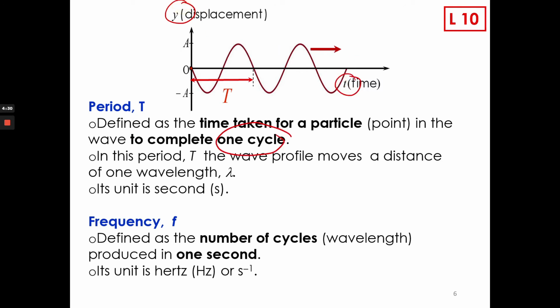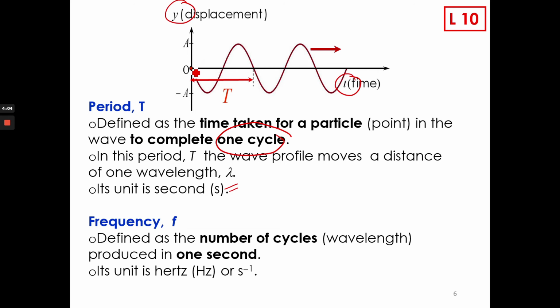So, okay, now for a graph of y against time, you can determine its period from this graph. What is period? Period is defined as the time taken for a particle in the wave to complete one cycle. In this period, the wave profile moves a distance of one wavelength and its unit is second.